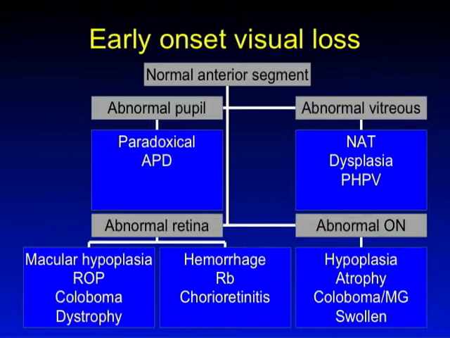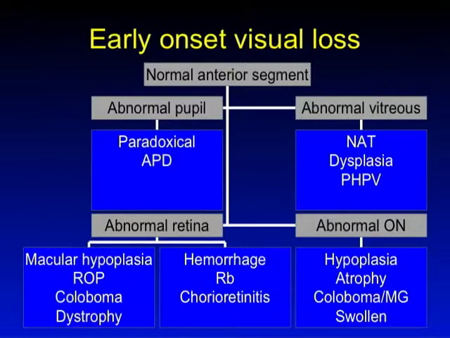Remember that in Leber's congenital amaurosis, we don't see any abnormalities in the retina, and the fundus examination is completely normal in a baby, probably in the first 6 months of life. Those kids usually have very high hyperopia, and later during infancy they can have peripheral retinal pigmentary abnormalities. But in the first 6 months, usually there are completely normal examinations.